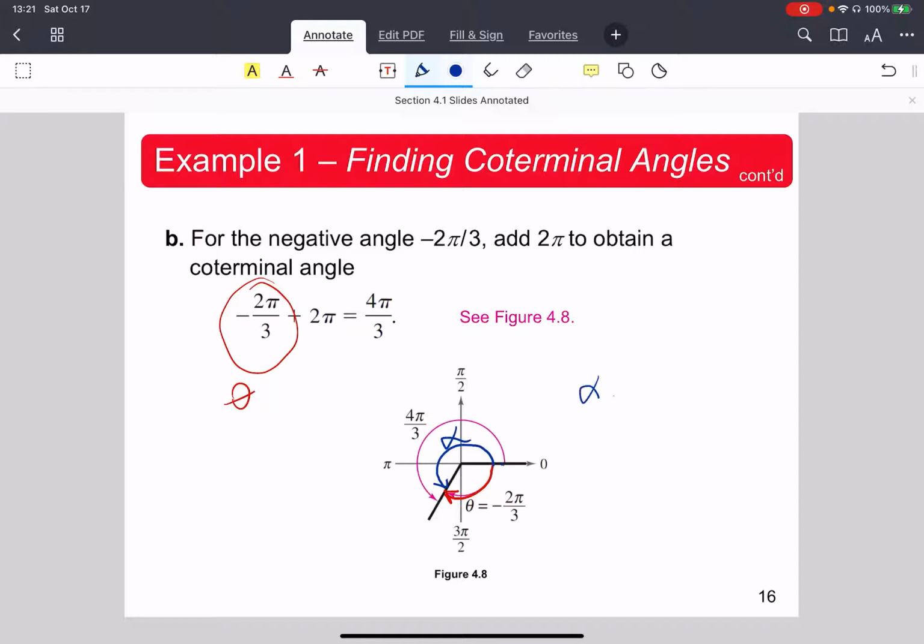The way I can find alpha is by subtracting 2 pi over 3 from 2 pi. I can compute that, and I think it's equal to 4 pi over 3. So theta and alpha are coterminal angles, and we found that by subtracting that angle from 2 pi.